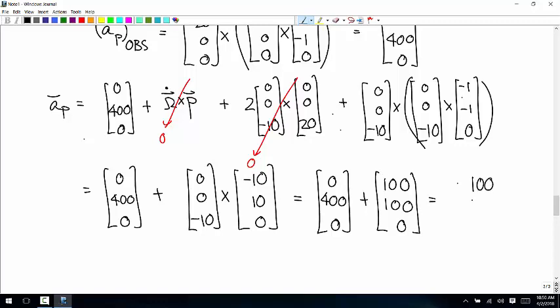So 100x, 500y, 0z meters per second squared.